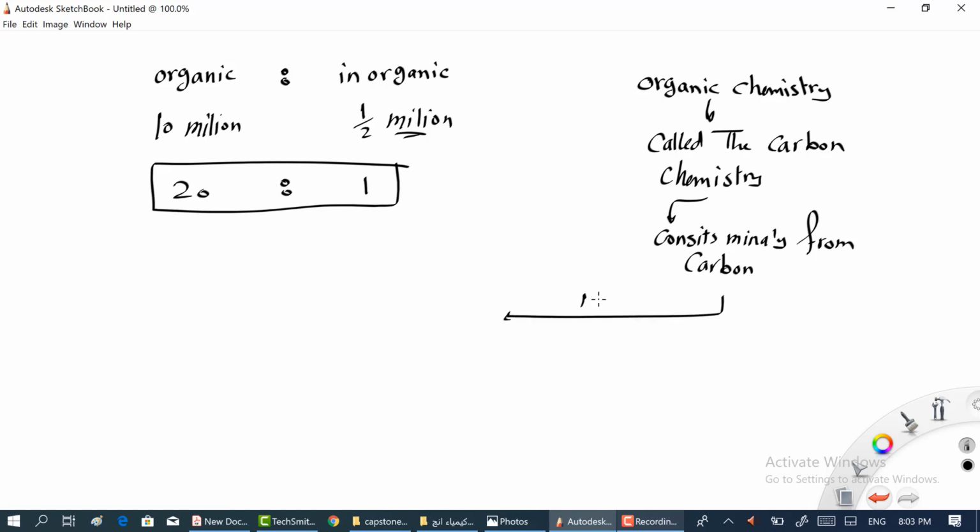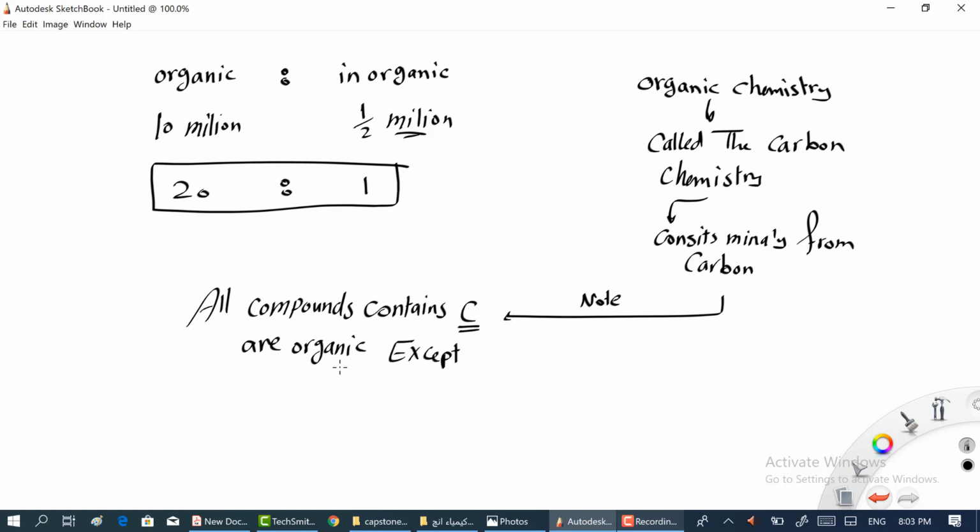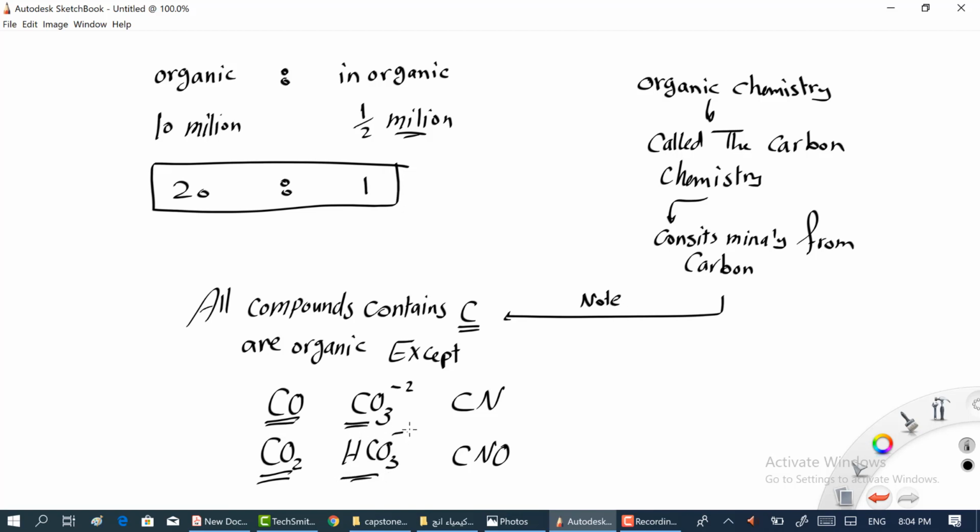Note: all compounds that contain carbon are organic except CO, CO2, CO3 2-, HCO3-, CN-, CNO-: carbon monoxide, carbon dioxide, carbonate, bicarbonate radical, cyanide, cyanate.